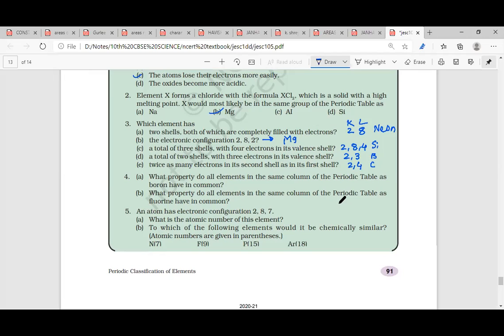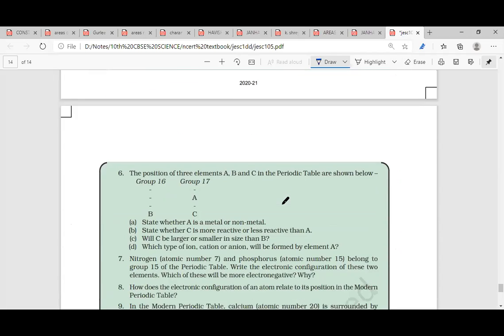When they have the same valence electrons, the same group. But the group we don't know. By knowing the electronic configuration, how can we say? The last shell. Valence electrons should be the same. So which has the same valence electrons as that? Fluorine has 2,7. So therefore fluorine and this element have similar chemical properties.